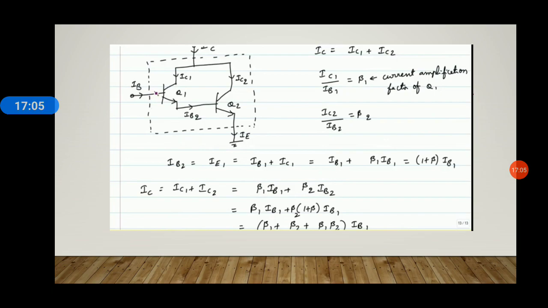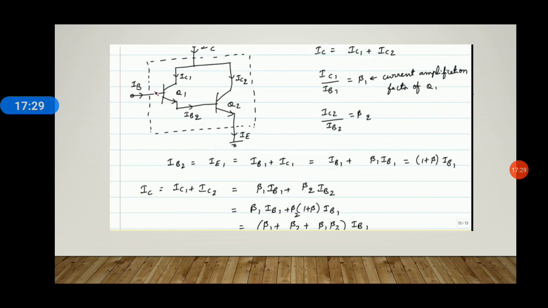Then again, IC is equal to IC1 plus IC2, that is our first equation. We replace IC1 by beta 1 IB1 and IC2 by beta 2 IB2. Then IB2 again is 1 plus beta 1 into IB1. We replace IB2 by 1 plus beta 1 into IB1.